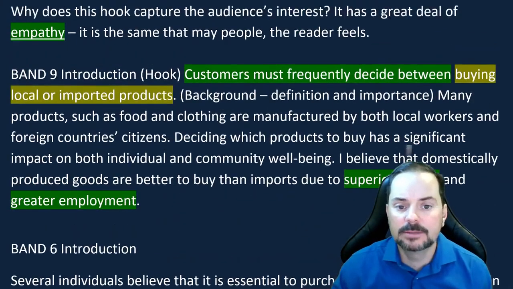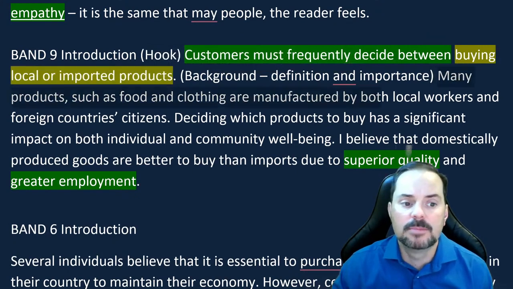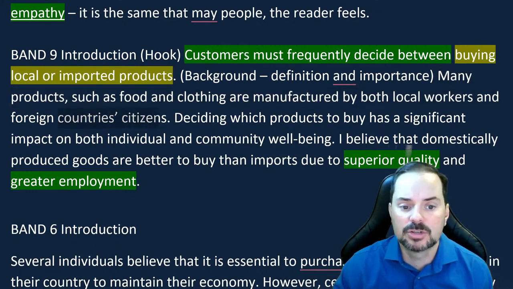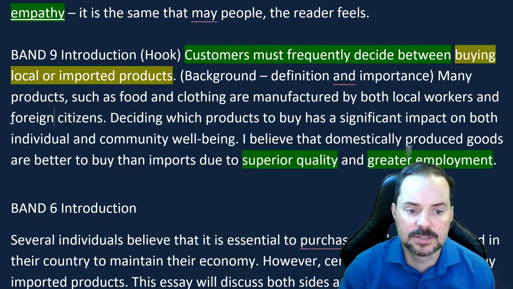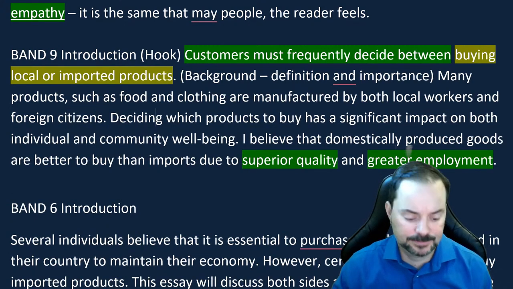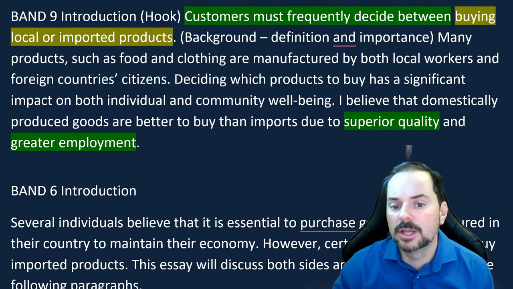Band 9. Customers must frequently decide between buying local or imported products. Many products, such as food and clothing, are manufactured by both local workers and foreign country citizens. We can make that just simply foreign citizens. Deciding which products to buy has a significant impact on both individual and community well-being.